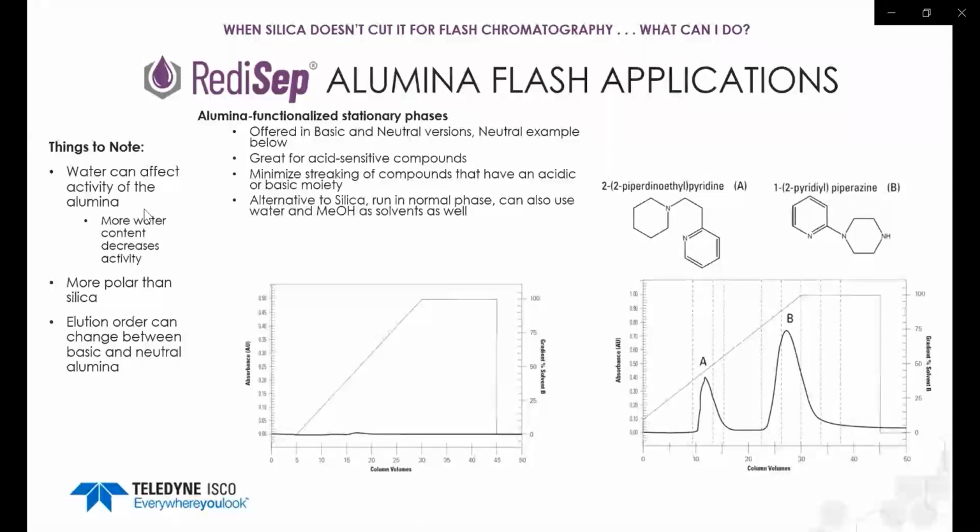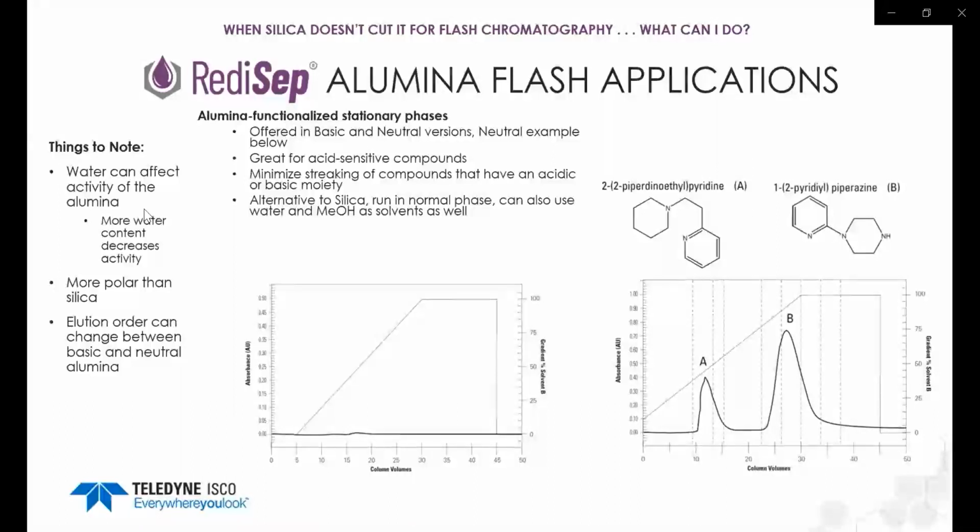The other thing that you can note is that the elution order can actually change as you move from basic to neutral alumina. Here's just an example. This is a silica purification, hexane ethyl acetate, on the left, and the same purification performed on alumina on the right. You can see we don't get any separation between the two nitrogen heterocycles on silica.